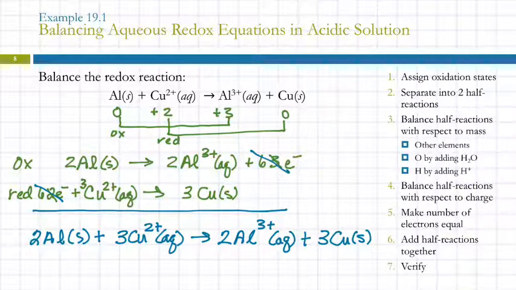Then we should verify: 2 and 2 aluminums, 3 and 3 coppers. Total charge on the right side, 2 times 3, positive 6. Total charge on the left side, 3 times 2, positive 6. There's my balanced redox equation. Any questions?